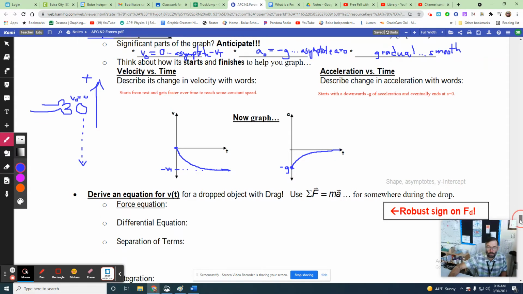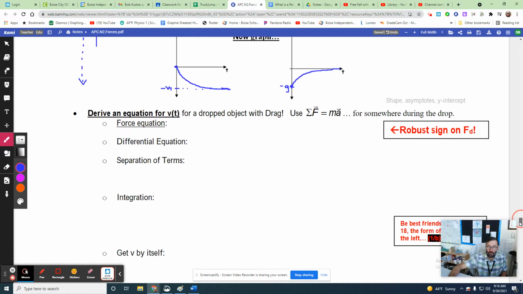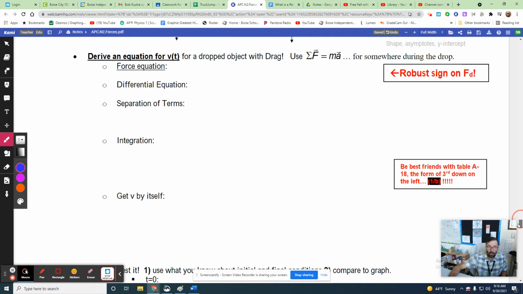Okay. So let's derive our equation for velocity as a function of time. For a dropped object with drag, we're going to use the king of all physics, Newton's second law, forces, to help us figure this out. That's how we're going to start. That's a little seed we're going to plant to grow this equation from. Okay, so this will describe the motion anywhere along the drop of an object.